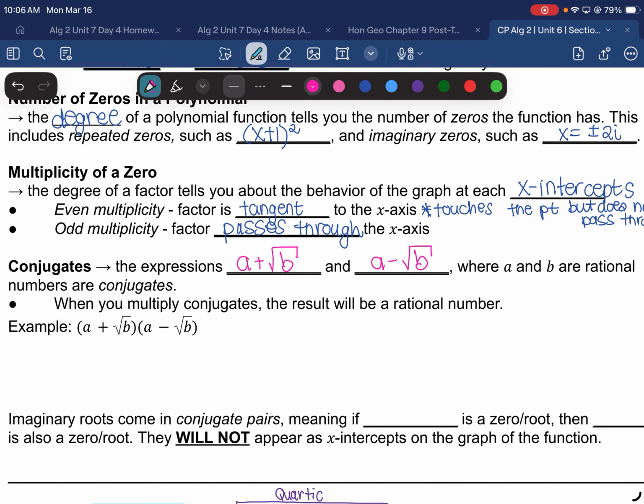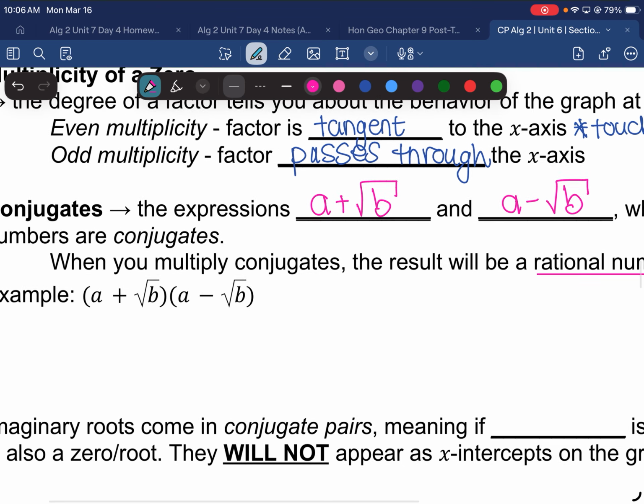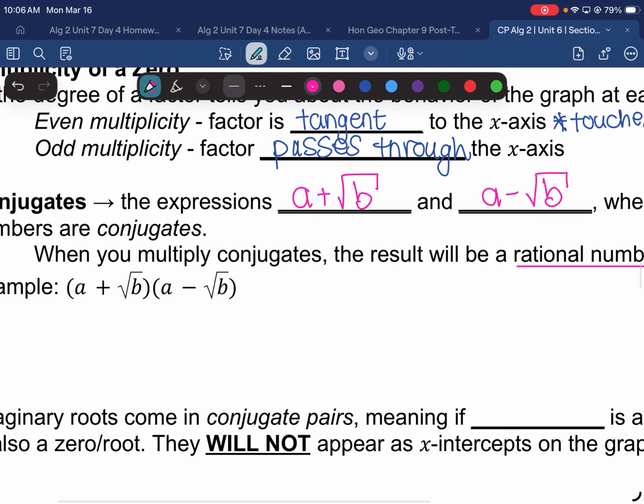When we multiply this, we are going to get a rational number. Okay? So if I were to FOIL a plus radical b and a minus radical b, I want to show you what that looks like. If you FOIL that, you get a times a, a squared. Your outers become negative a radical b.